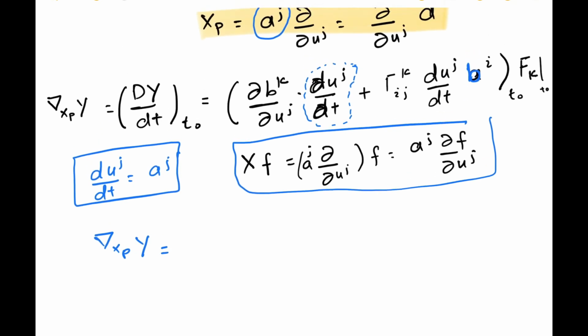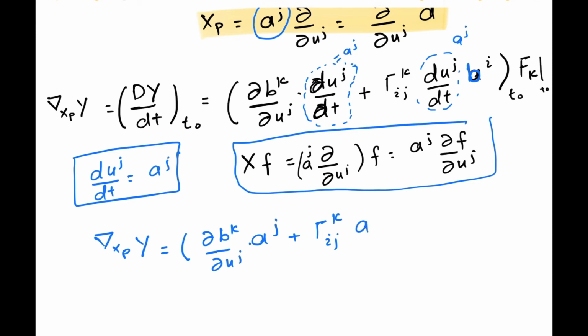So now this del xp y I can write in this manner: partial bk partial uj, and this duj by dt, this part will become aj, plus gamma kij, and this duj by dt will also become aj, and bi will come.